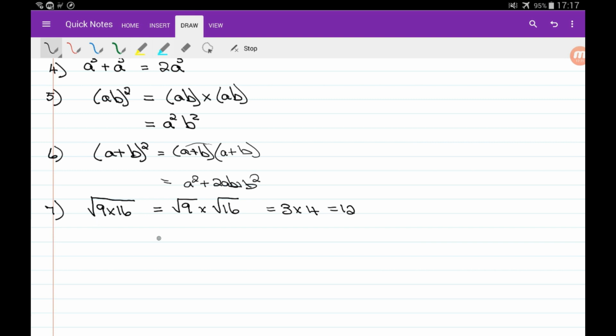Essentially I'm using the exponential law there that says 9 to the half multiplied by 16 to the half. However, if I am adding those values, I cannot break that square root over the plus sign. This has to be the square root of 25, which is 5. It is most certainly not 3 plus 4, which is 7.